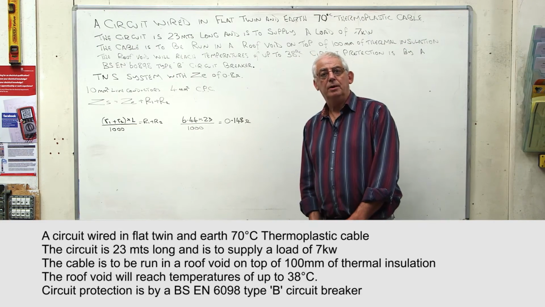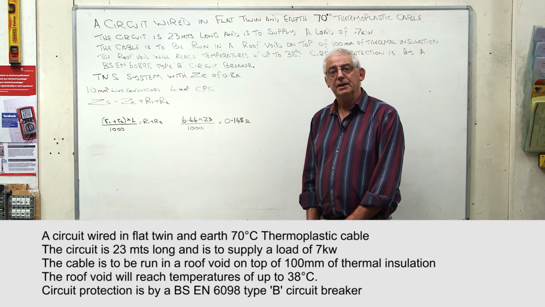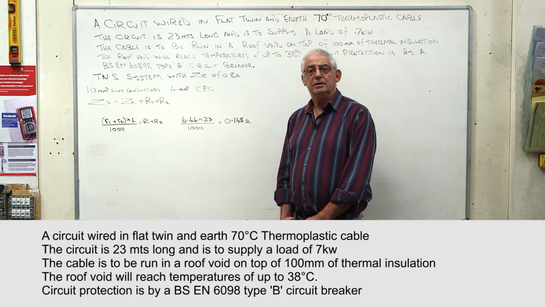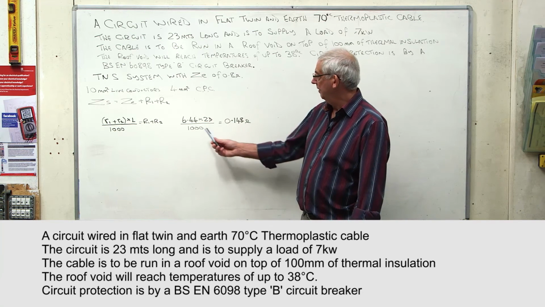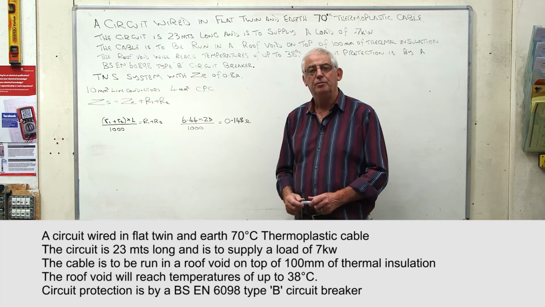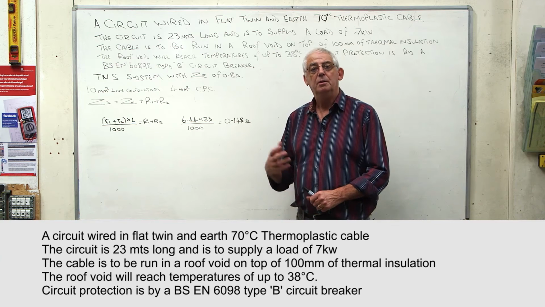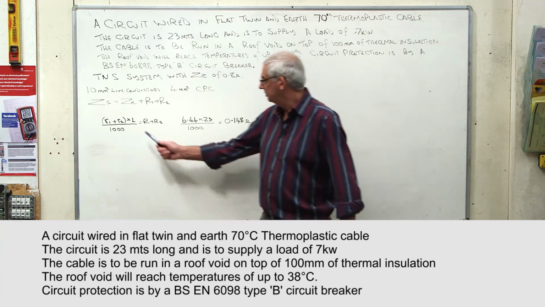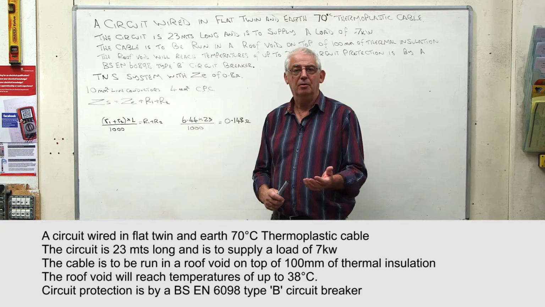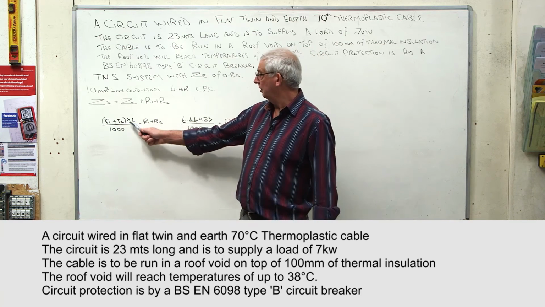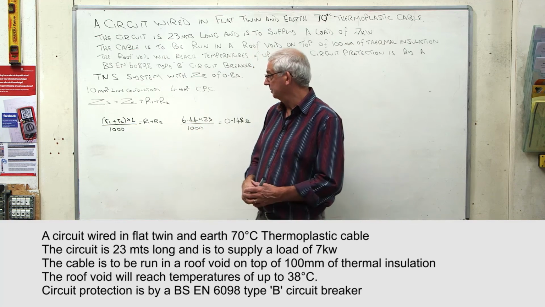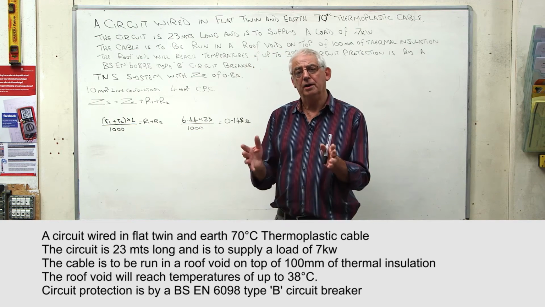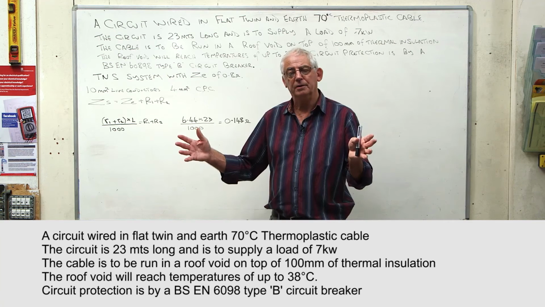So if we look in table L1 of the on-site guide, we can see that a 10 mil line conductor with a 4 mil CPC is going to have a resistance of 6.44 milliohms per metre. So we'll show that in the calculation as little r1 and little r2, times the length, because it is per metre, and divide it by 1,000, and that will give us r1 and r2 for the whole length of that cable.